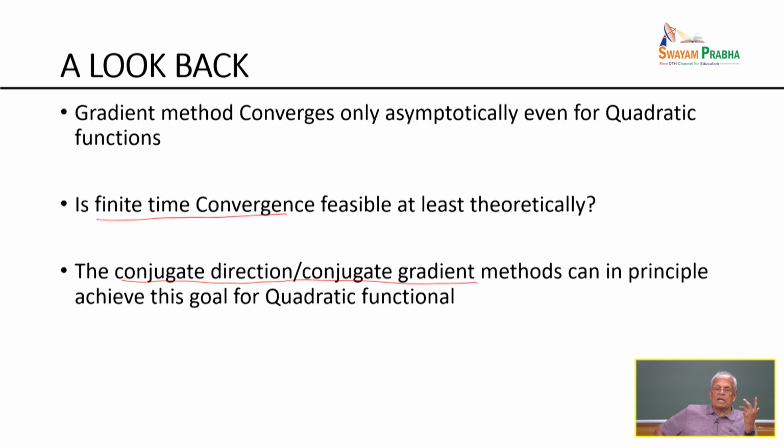They can assume I am working with a perfect computer. Perfect computer means what? There is no round off error. So, under the assumption that my computer is perfect, the conjugate direction, conjugate gradient method provides a framework for iterative minimization that can guarantee performance in no more than n steps on quadratic functions in the n dimensional space.